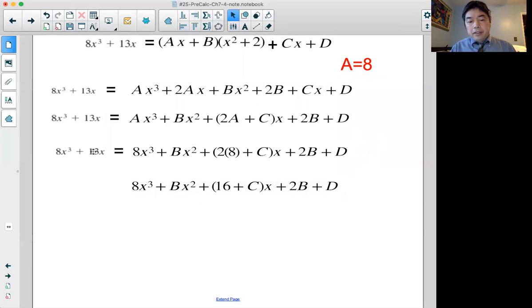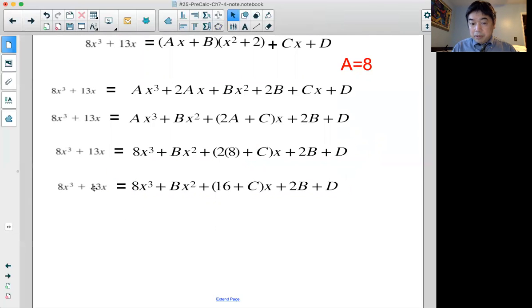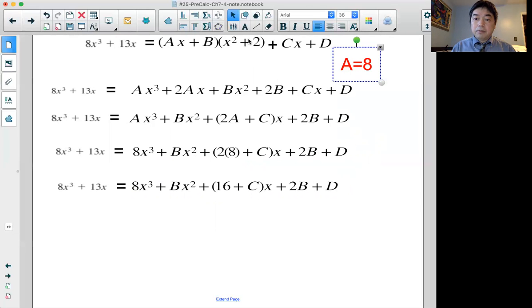All right, that is the left-hand side. 13x is appearing here. So in that case, 16 plus c must be 13. So c must be negative 3.